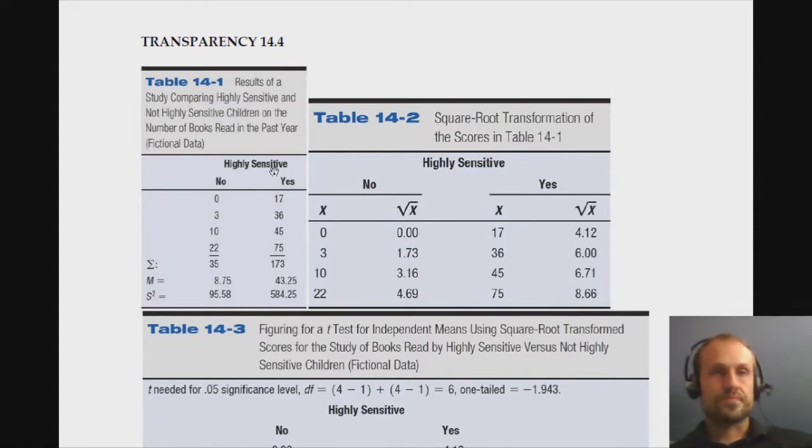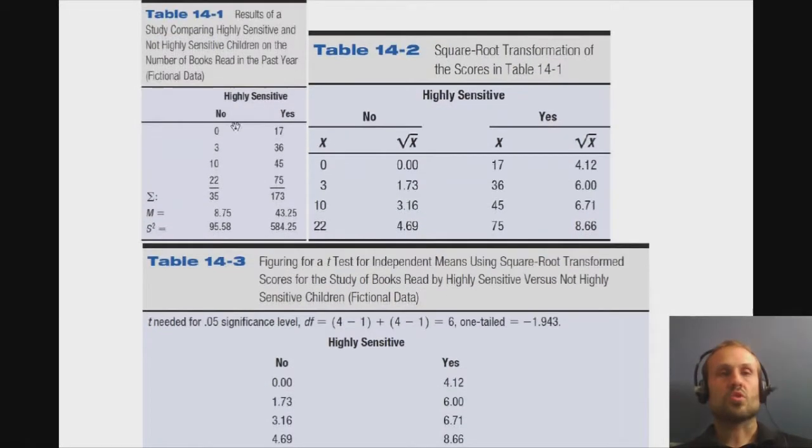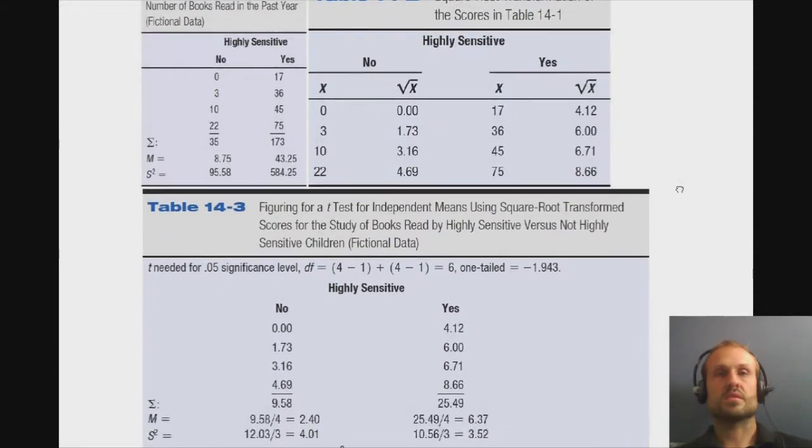So when I look at another example, I'm looking at the results of a study comparing highly sensitive to not highly sensitive children on the number of books that they read. So highly sensitive, yes, and no, I have some sample values again with a mean and a standard deviation. The square root transformation gives me this in this table.